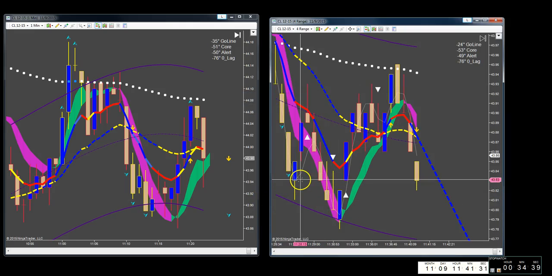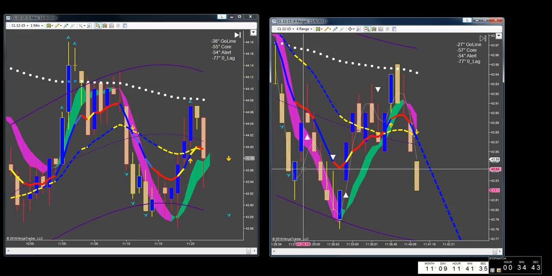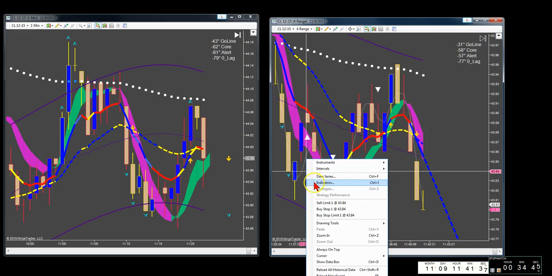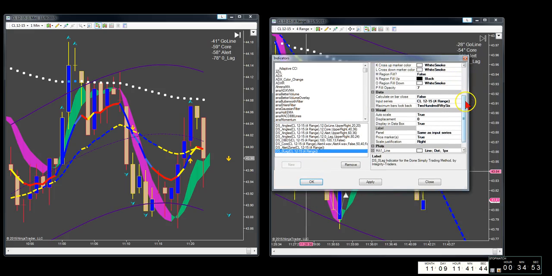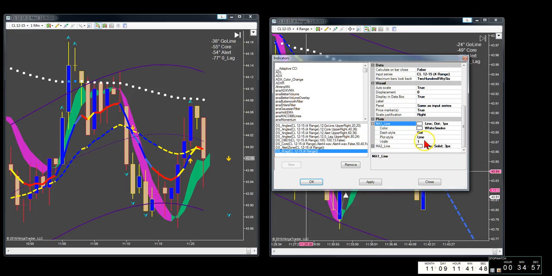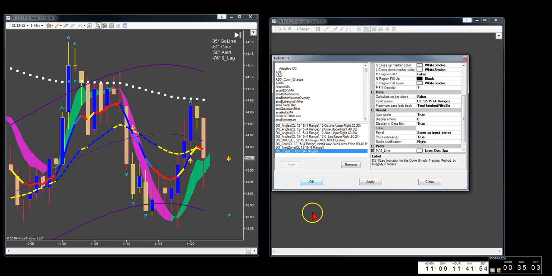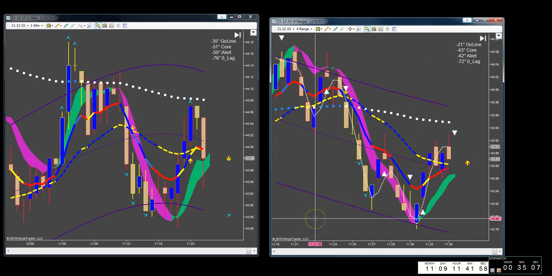Okay, the zero line. Can you see those little white dots? I changed. Yes. Okay, these little white dots. Let's change it so people can see it. That's a little better. Yep, that's nice and clear.